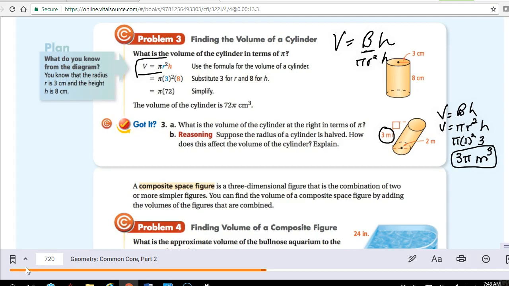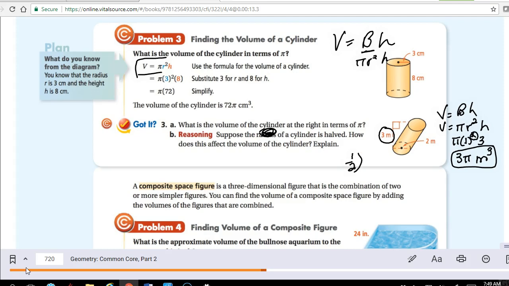And it says here, suppose that the radius of the cylinder is halved. How is that going to affect the volume of the cylinder? Well, remember, whatever you put in as your radius here, if you halve that, remember whatever you do gets squared.